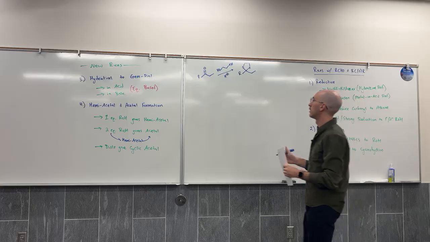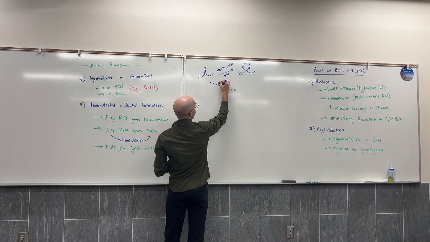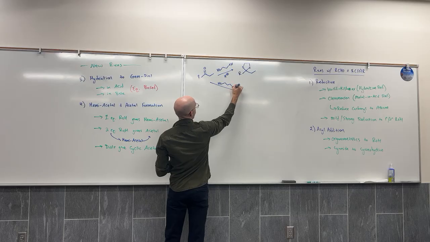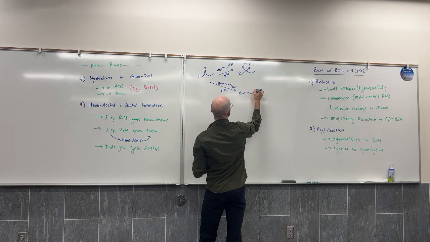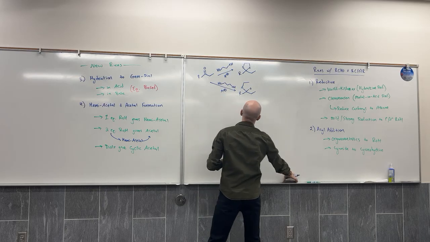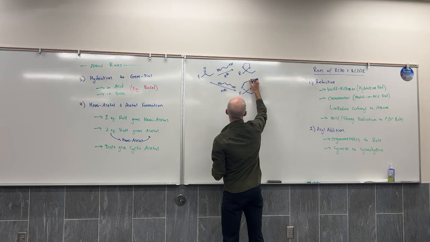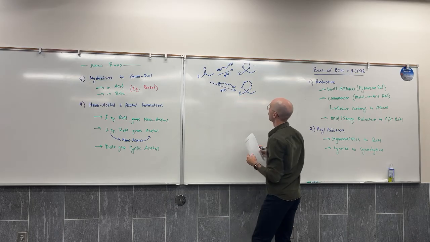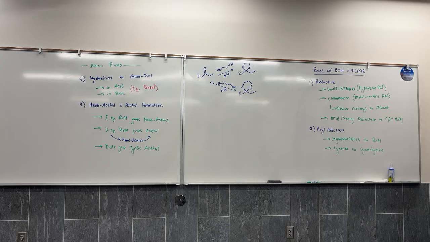The other common reagent is propane 1,3-diol. Here, there's an extra carbon connecting the oxygens, which means there will be an additional carbon in the ring as well. 6-membered acetal ring instead of a 5-membered acetal ring.